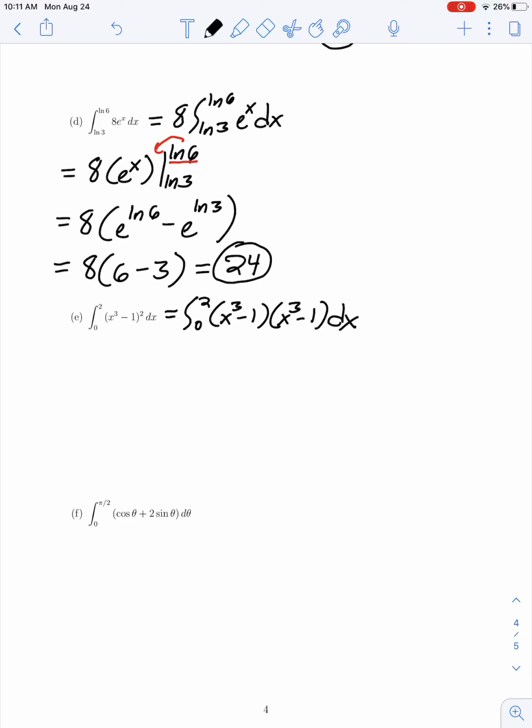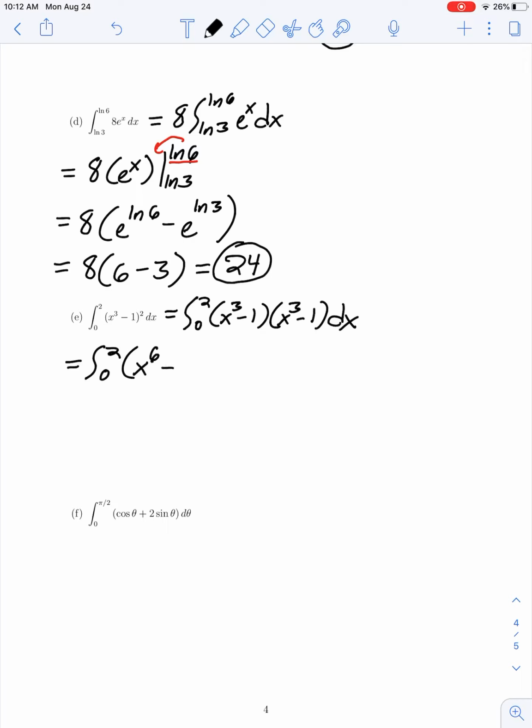So now I'm trying to find the antiderivative of a product of two functions, and we know from the product rule that the antiderivative of a product will not simply be the product of the antiderivatives. So how can we handle this? Well, we can expand this product. Expanding x cubed minus 1 by itself, multiplying our first two terms, we have x cubed times x cubed, which would be x to the 6th.